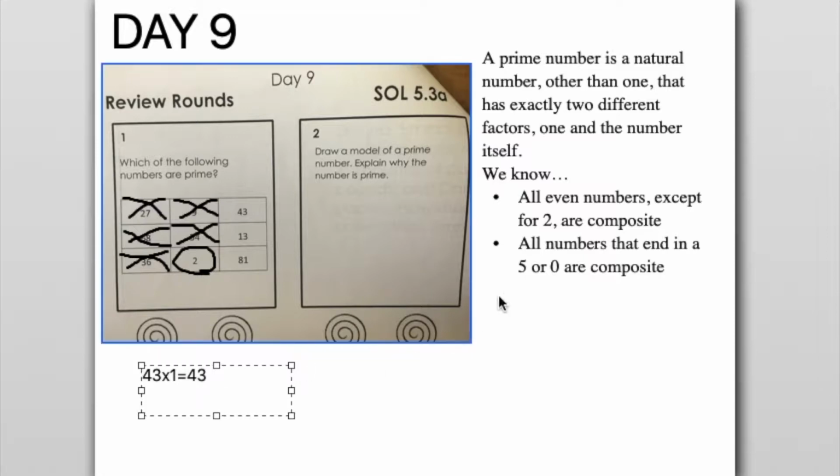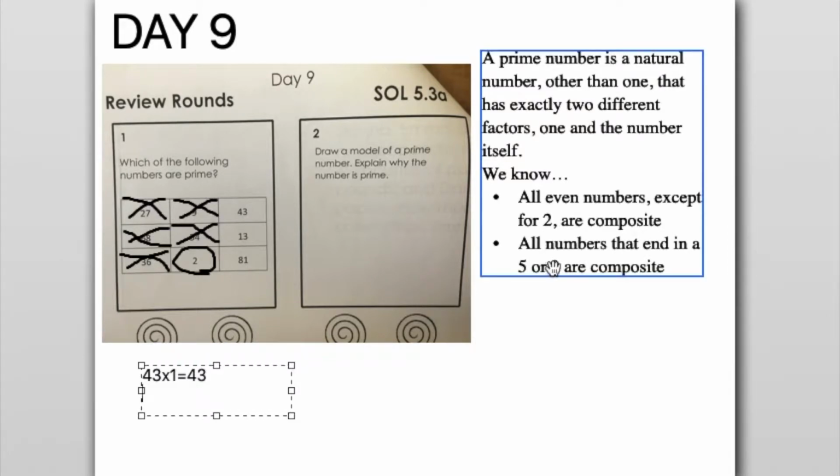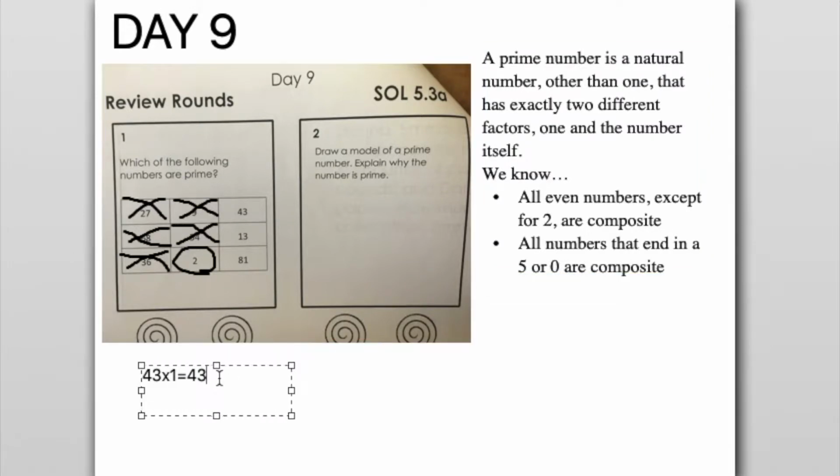Well, we know 43 isn't even because it ends in a 3, so it's odd. We know it doesn't end in a 5 or a 0. So after going through your multiples, you will find out that there are no other numbers you can multiply to get to 43. 43 only has 2 factors.